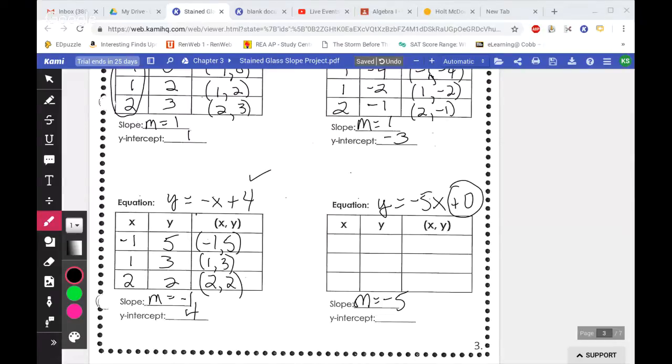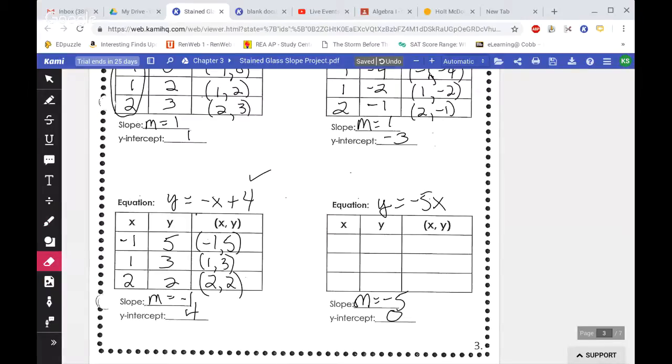So what would the y-intercept be? 0. Correct. So when there isn't anything next to this, so if it's y equals 3x or y equals negative 5x or y equals negative x, and there's no standalone constant, it's always 0. Okay, guys? Does that make sense?